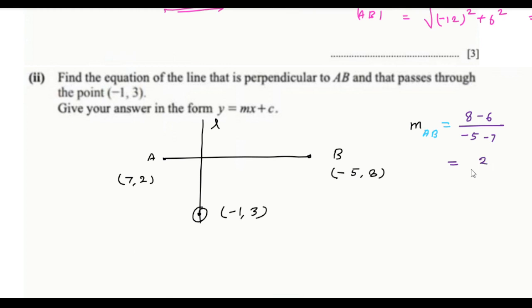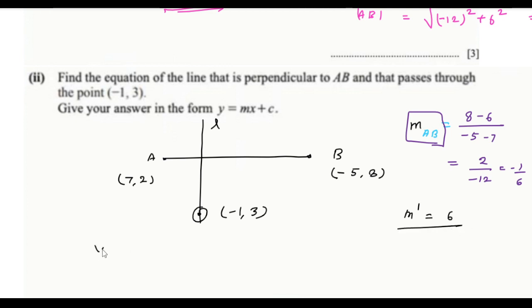So it is 2 divided by minus 12. This is minus 1 divided by 6. So this is m of AB. Now if I want to find the gradient of the perpendicular line, it will be 6.